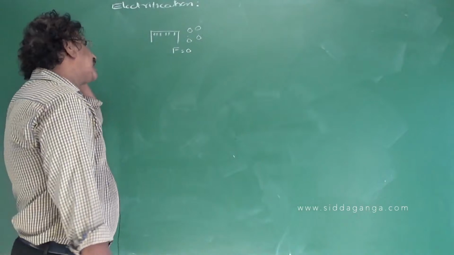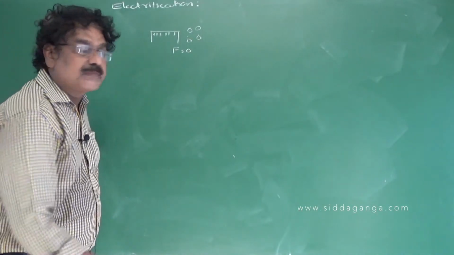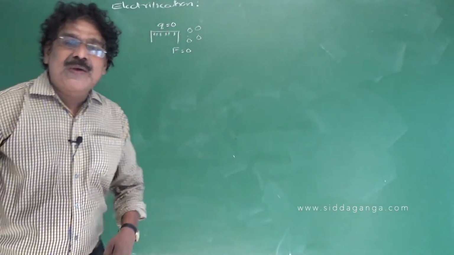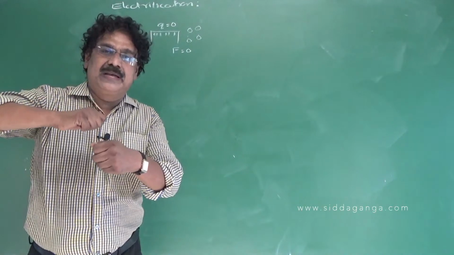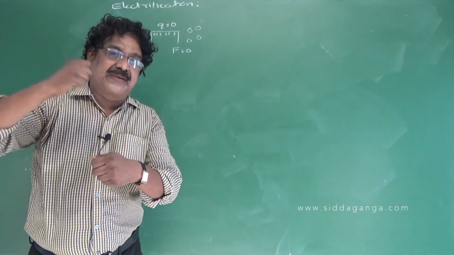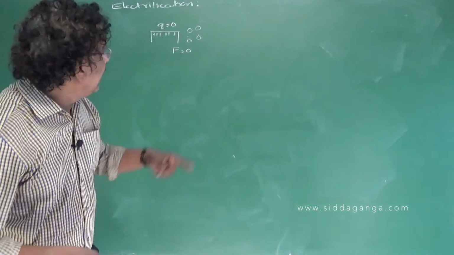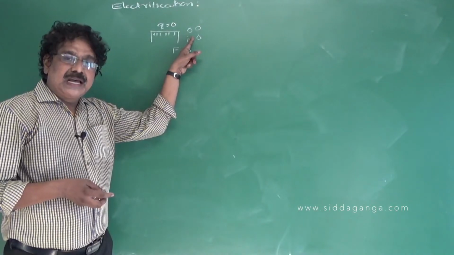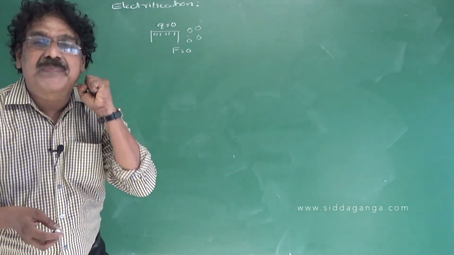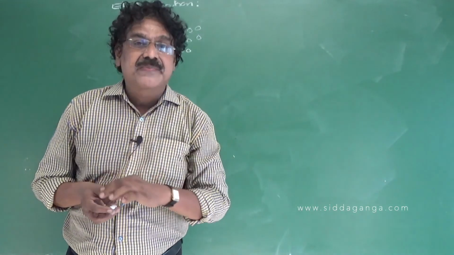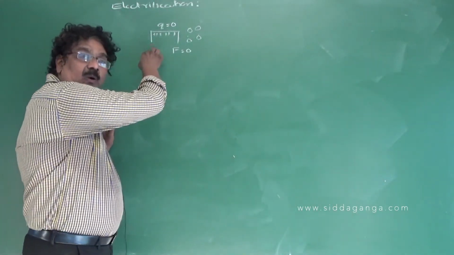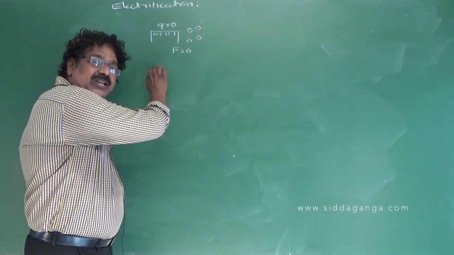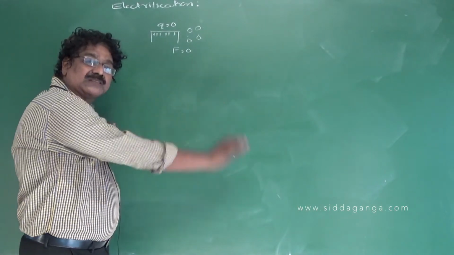The comb will not attract the paper pieces because its charge is 0. So when the same comb is rubbed against dry hair, then we bring that comb near the paper pieces. Now the comb attracts the paper pieces, right? It is because now the comb has acquired electric charge due to addition or removal of electrons from it.